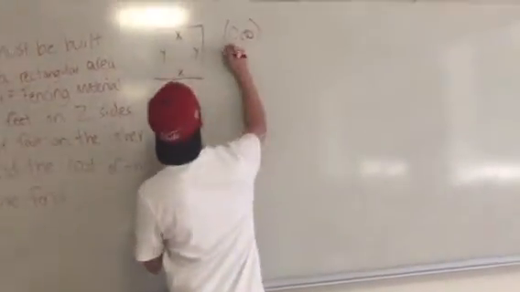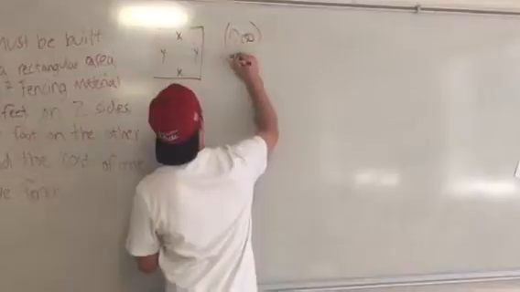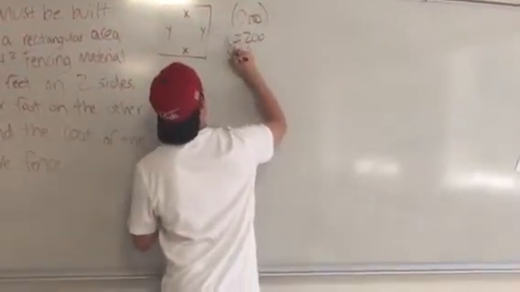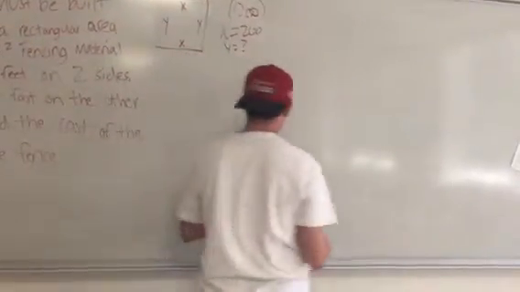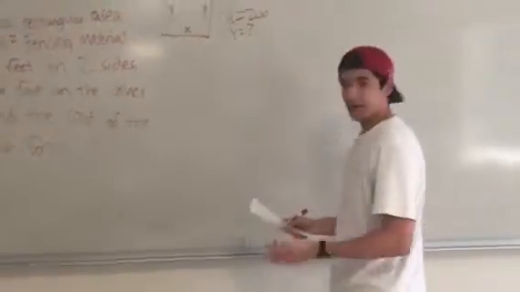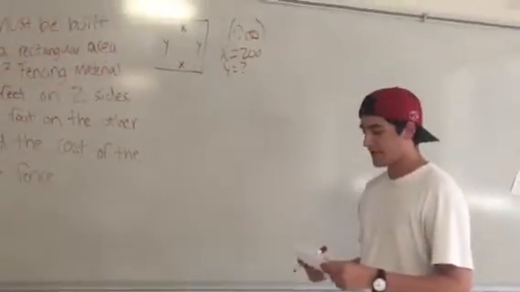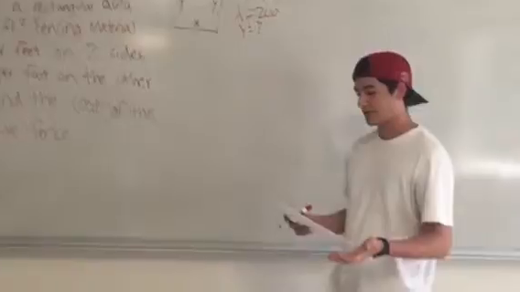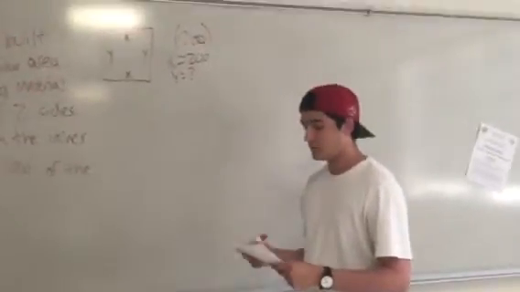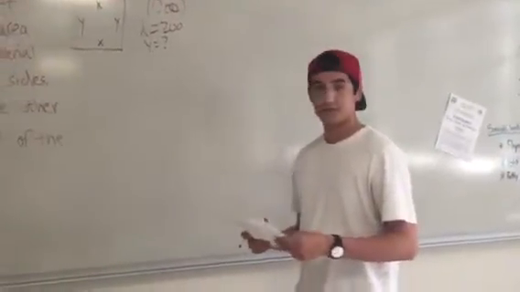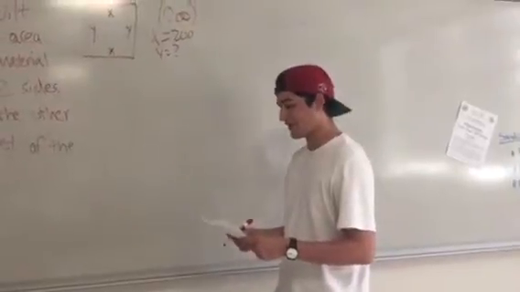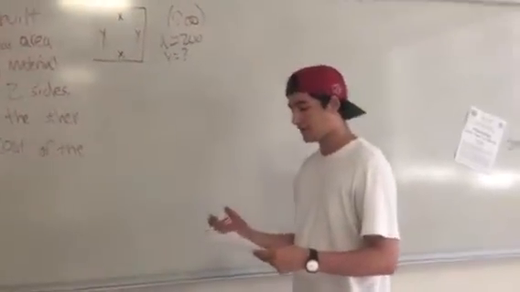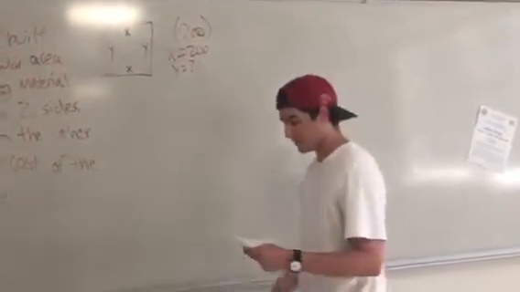We're going to write x equals 200. The second derivative test states that if the second derivative is greater than 0, it has a local minimum. If it is less than 0, it has a local max, and if it equals 0, the test gives no information.